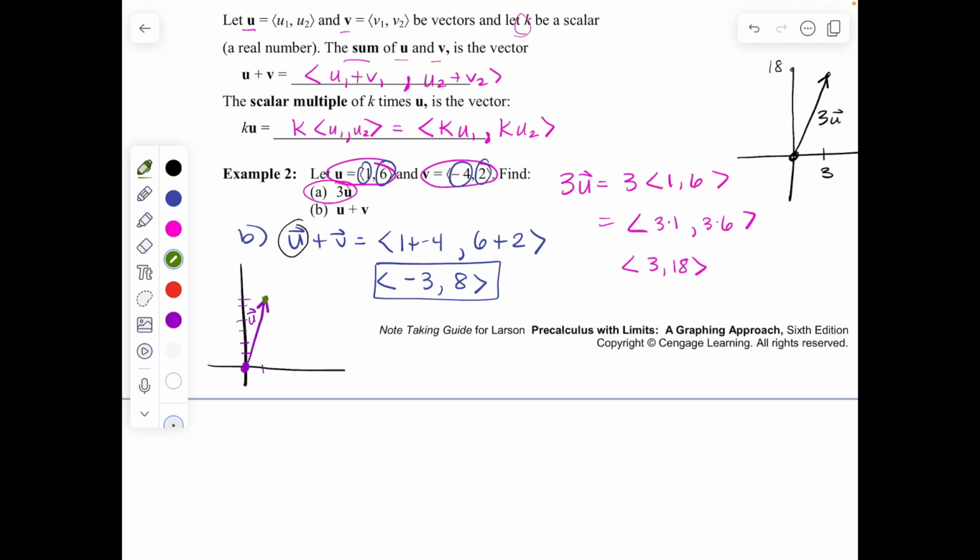So we go over negative 1, 2, 3, 4, and then up 2. Okay, so this is our vector v. So if I'm adding them in total from starting to the very end, this is our vector, which is u plus v. And let's look, we just said our vector should be negative 3, comma 8, and look at that, negative 3, up 1, 2, 3, 4, 5, 6, 7, 8. And there it is.